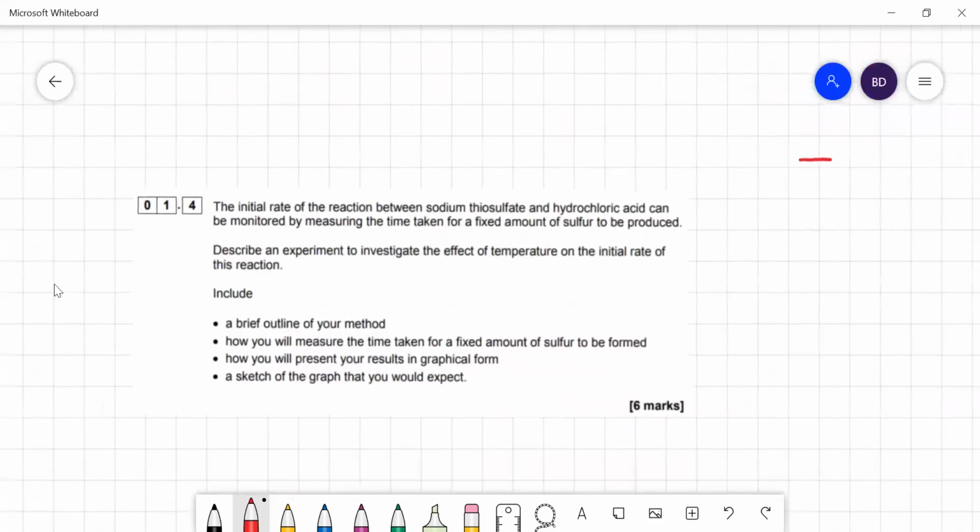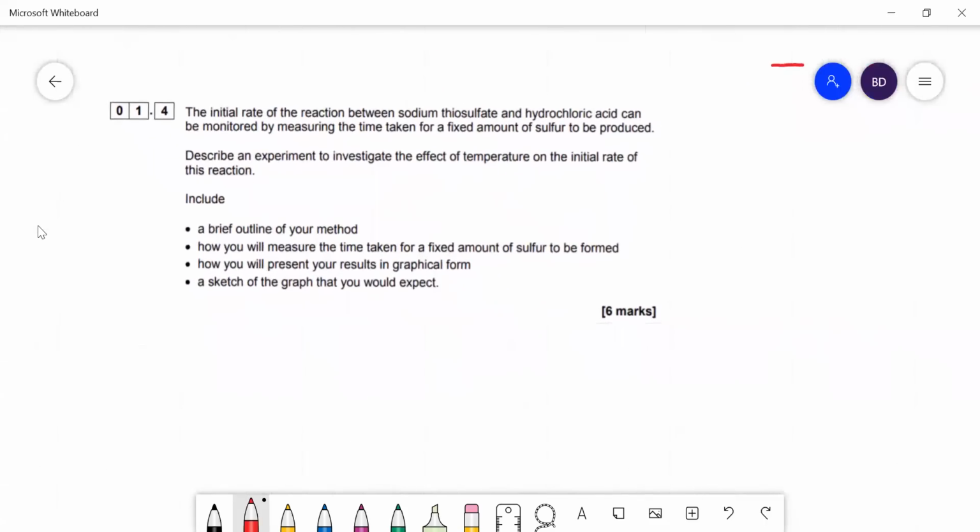Okay, here's one about rate of reaction. The initial rate of reaction between sodium thiosulfate and hydrochloric acid can be monitored by measuring the time taken for a fixed amount of sulfur to be produced. Now, this is the disappearing cross experiment, and it is one of the required practicals. I think it's required practical 3, and that's why they're asking you about it in paper 3, because of course there's quite a bit of practical content in paper 3.